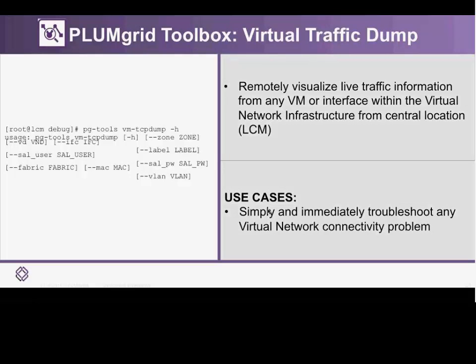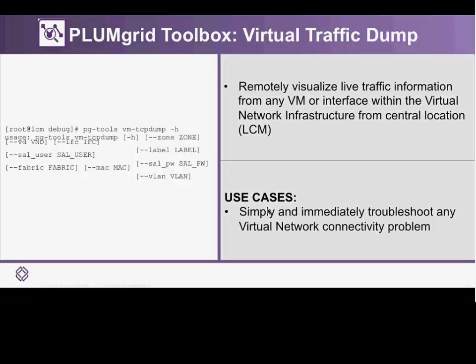The other tool that we're certainly seeing lots of use for is virtual traffic dump. This is the ability to, from the LCM, so from a central location, visualize in a TCP dump style all the live traffic information from any virtual machine or any interface within the VNI, the virtual network infrastructure.